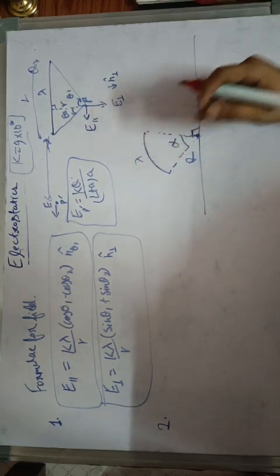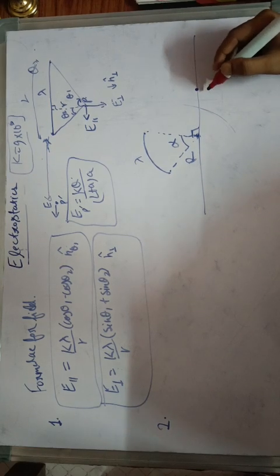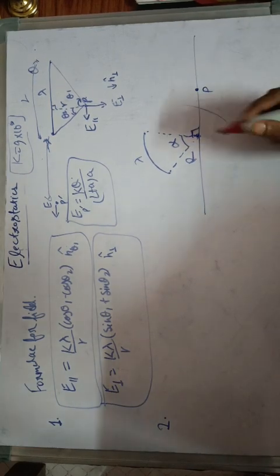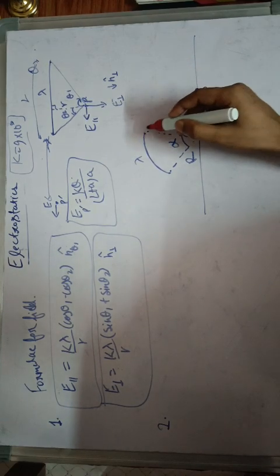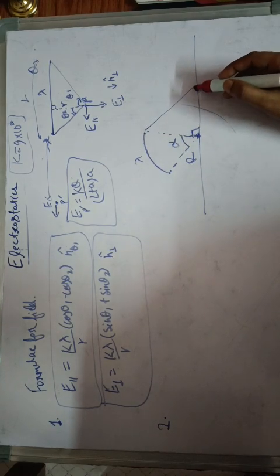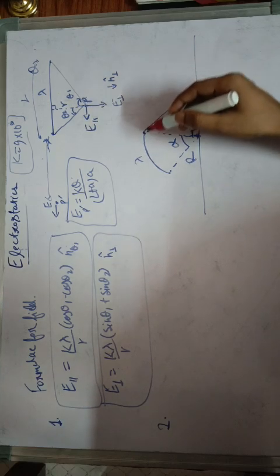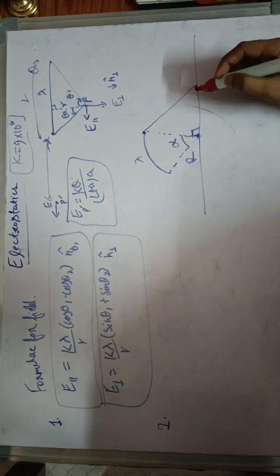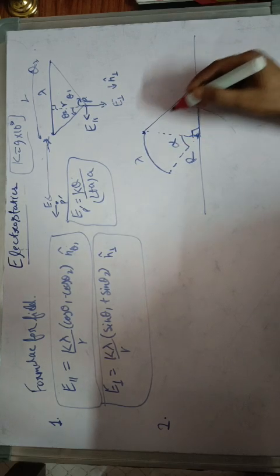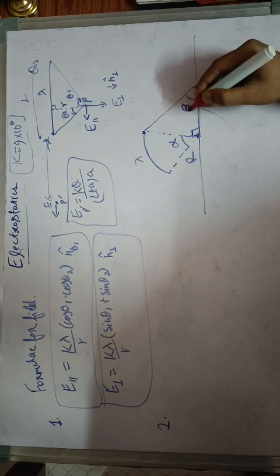Now if I take any point here, let's say P, and join it with any point on this arc, then this line and the axis will make some beta angle.